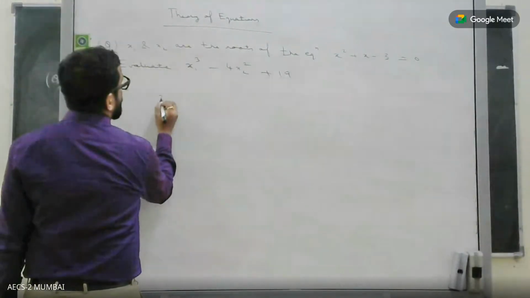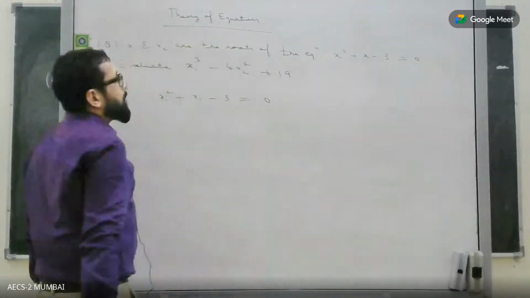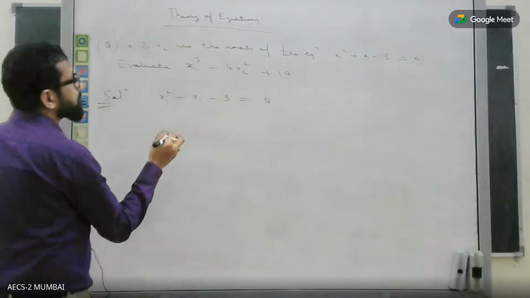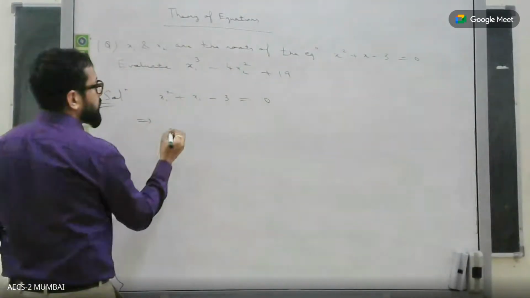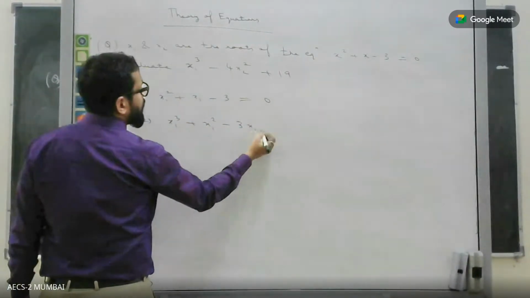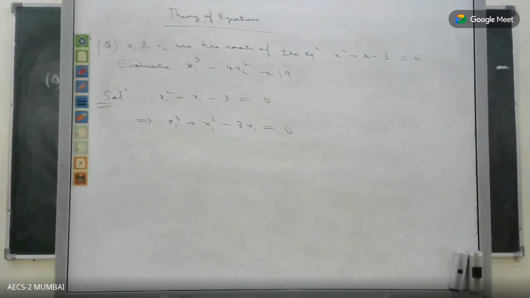Now, x1 square plus x1 minus 3 0 होगा, yes or no? होगा? तो यहाँ से if you multiply x1 क्या मिलेगा मुझे? ऐसा होगा? x1 cube plus x1 square minus 3 x1 0 होगा, yes or no? Correct? Yes?